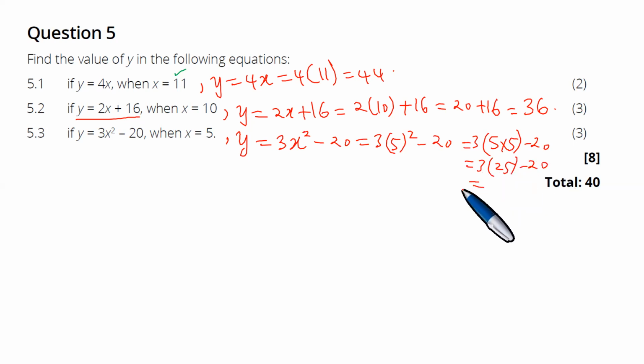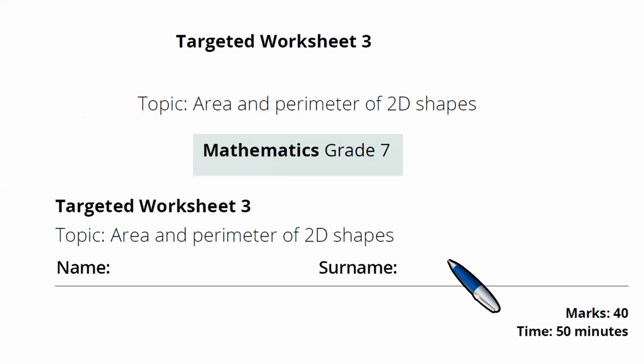What is 3 times 25? 75. 75 minus 20. What is 75 minus 20? It's 55. And that is the answer. Okay, note that. Next, the next thing we need to discuss is worksheet 3.